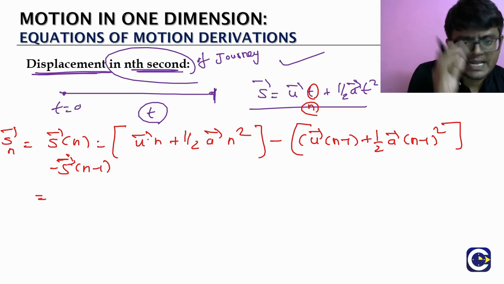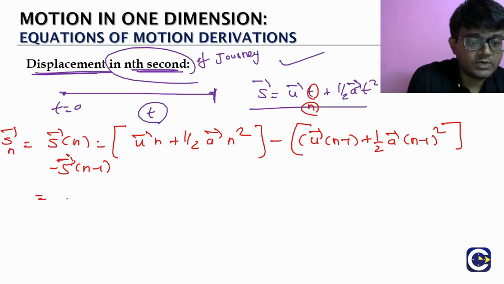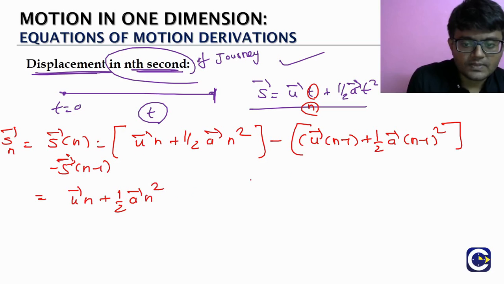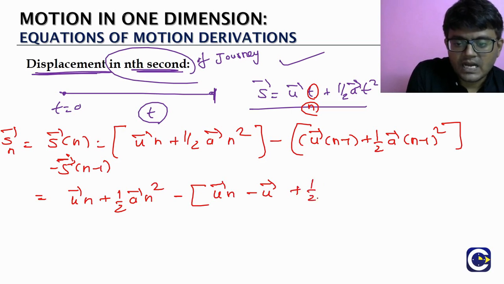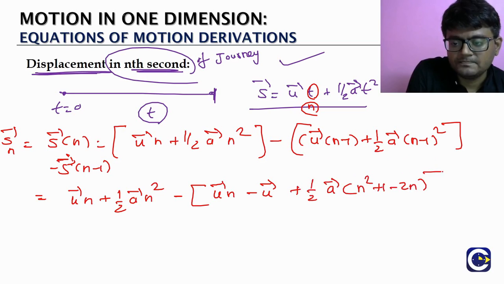Now it is more of mathematical simplification. So look at it: un plus half a n square. Here now we'll have a minus. First we'll try to simplify what is inside the bracket: un minus u plus half a into n minus 1 whole square, means n square plus 1 minus 2n.